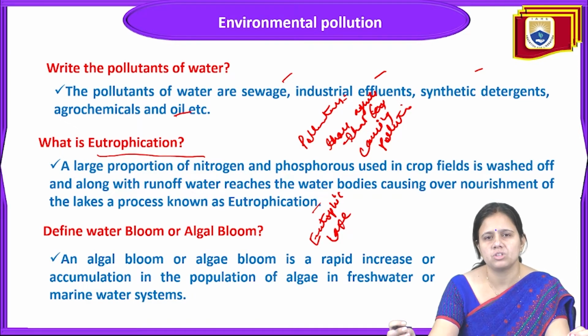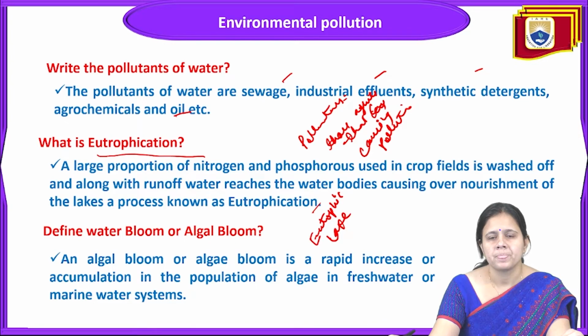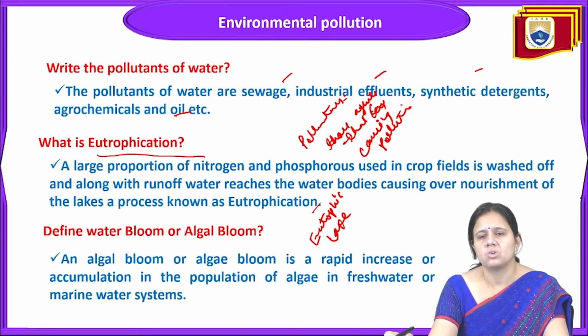Extra nitrogen and phosphorus from agricultural runoff enter the water and nourish the algae already present, causing excessive and rapid growth, and a green color appears. That is called water bloom or algal bloom.